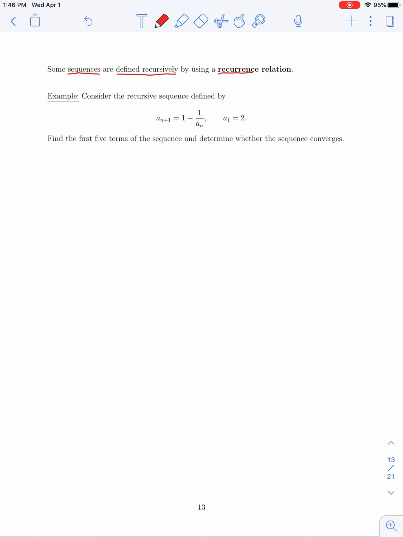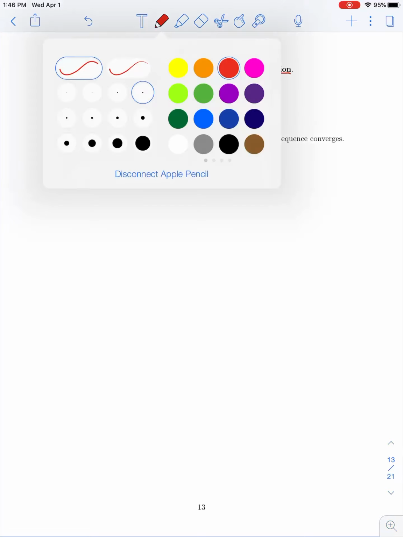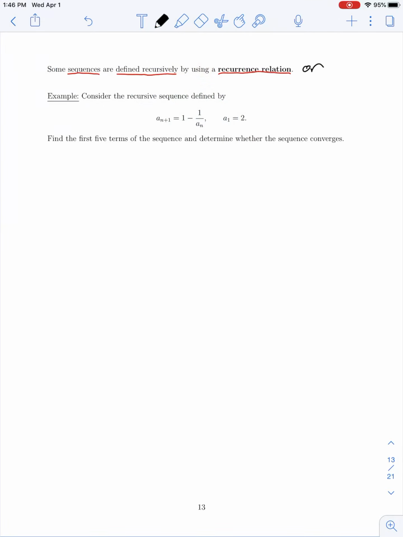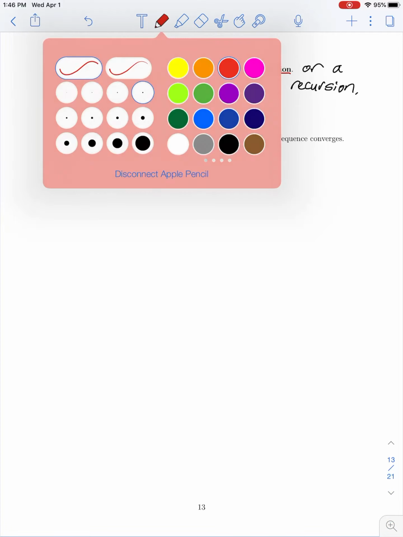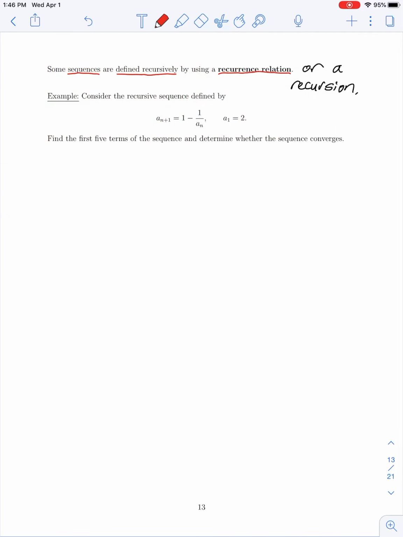So in this next part of our section, we'll talk about another way to define sequences. So here we'll mention that sequences can also be defined recursively by using what is called a recurrence relation, or sometimes called a recursion. So as an example to illustrate a sequence that would be defined using a recursion, let's consider the following.